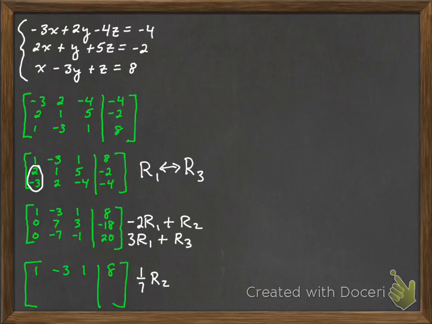All right, so what that's going to give us then, 0 times 1/7 is still 0. 7 times 1/7 is 1. 3 times 1/7 is 3/7. And then negative 18 times 1/7 is negative 18 over 7. And the third row stays just like it is.